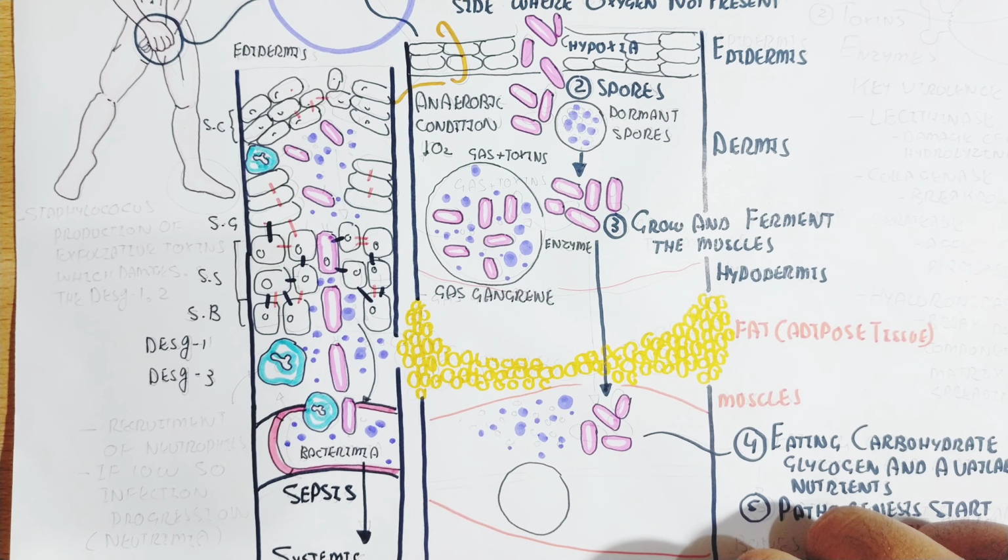So sepsis will occur, and bacteremia means the blood vessel allows infiltration of other toxins like the exfoliative toxin, which ruptures the desmoglein protein and desmosomes, leading to systemic infection and blood vessel injury, while if neutrophil recruitment is low, the infection progresses.